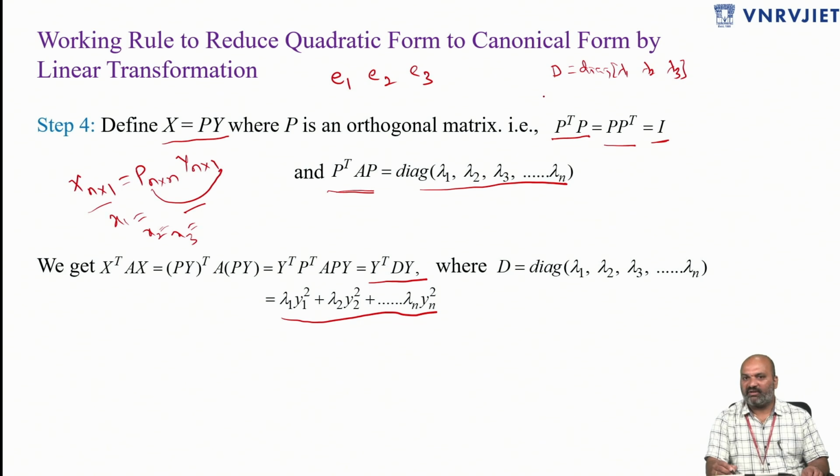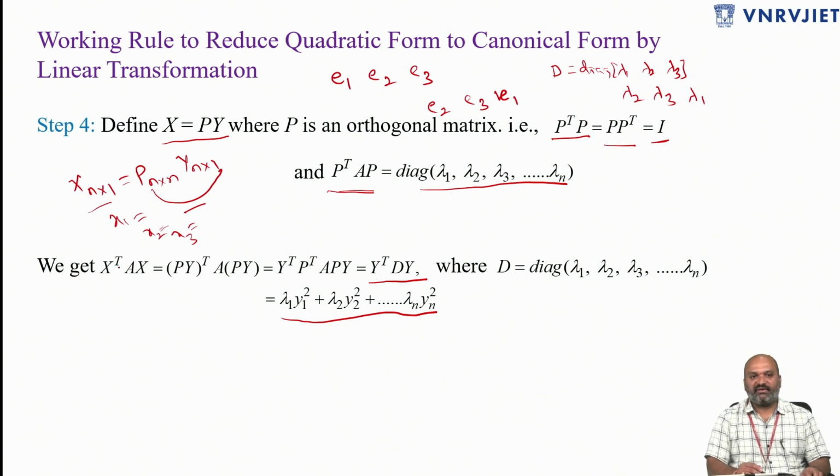Suppose you construct the modal matrix as E2, E3, E1, you get the diagonal matrix with diagonal elements lambda 2, lambda 3, lambda 1. That is the only difference. So while forming a modal matrix, the order of the normalized eigenvectors is immaterial. One can take it in a different way.